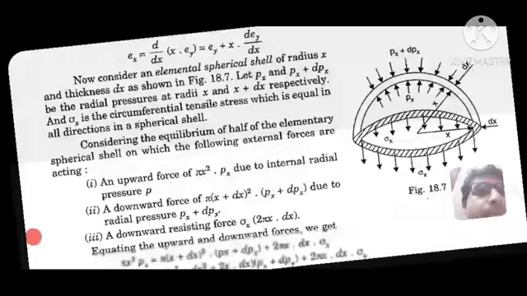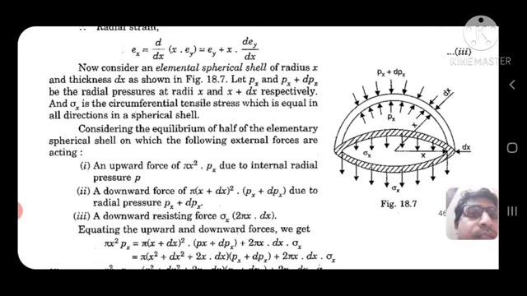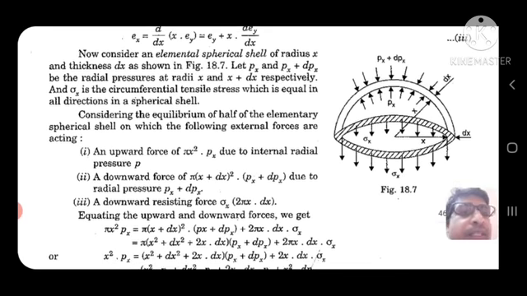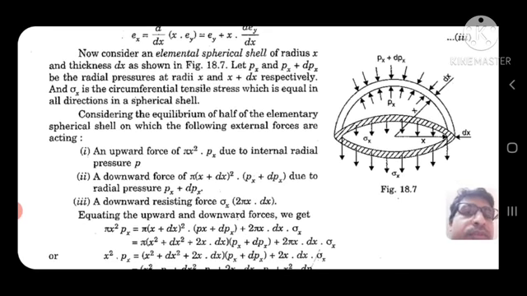Now sigma x is the circumferential tensile stress, which is equal in all directions in a spherical shell. Considering the equilibrium of half of the elementary spherical shell, the following external forces are acting.